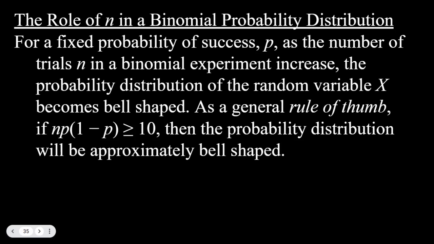As a general rule of thumb, if n times p times 1 minus p is greater than or equal to 10, and remember, this is the variance. We saw that earlier. If that variance is greater than or equal to 10, then the probability distribution will be approximately bell-shaped. And what that means is you've got a high enough number for n that it gets you into that bell-shaped region.